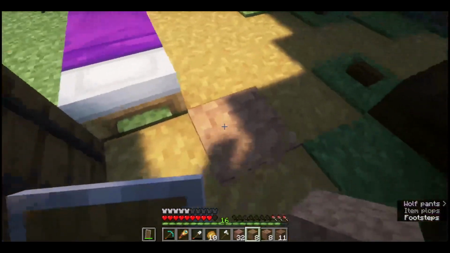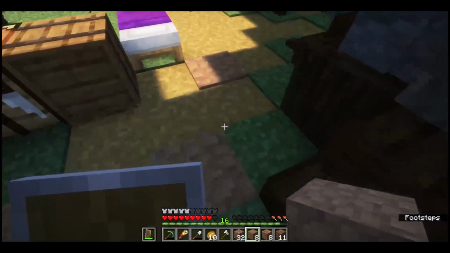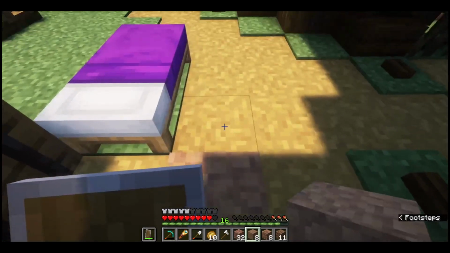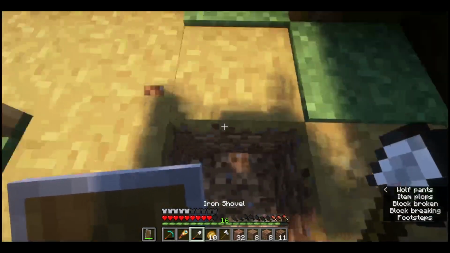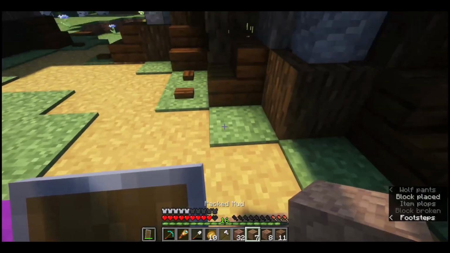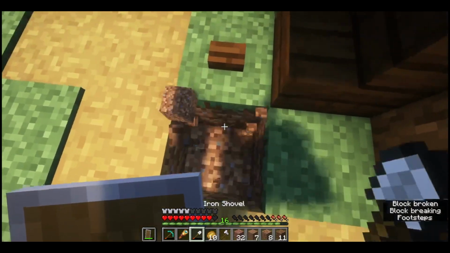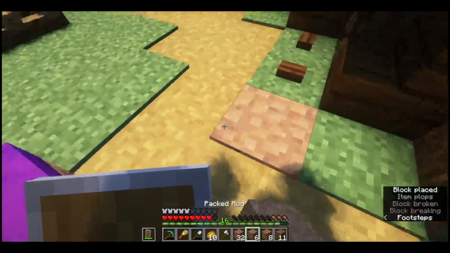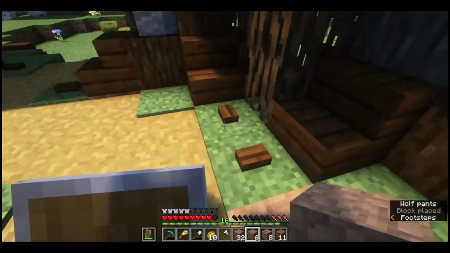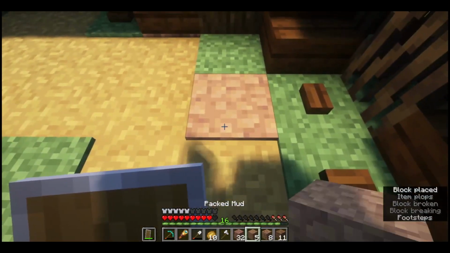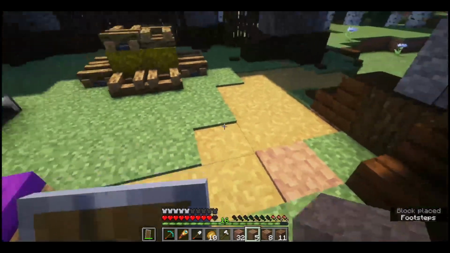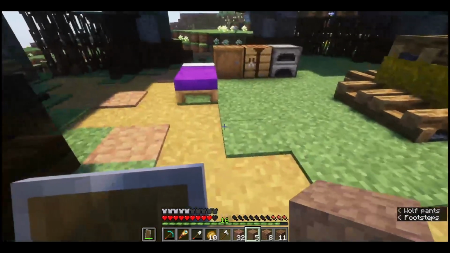Where did that go? Okay, that's fine. 1, 2, dupe. 1, 2, dupe. 1, 2, and dupe. Alright, and now the path kind of curves this way.